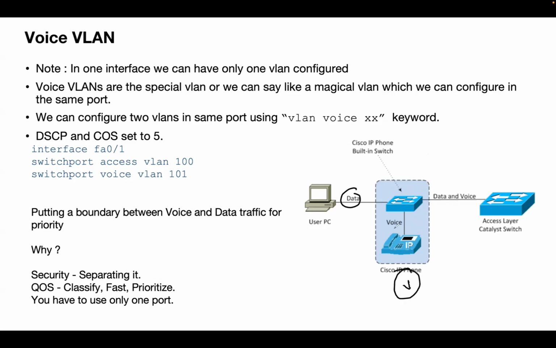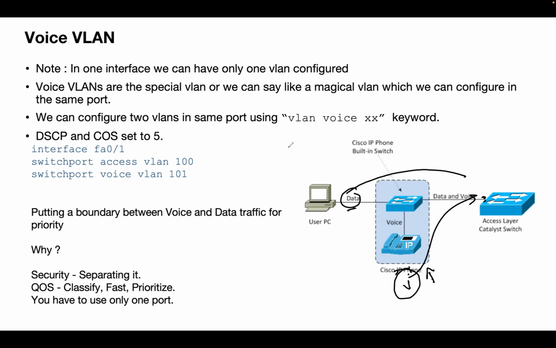When both of them come here, the problem is priority. I cannot prioritize my voice traffic over my data traffic. Your voice traffic is live traffic, and live traffic gets easily impacted by bandwidth issues. If you want data traffic and voice traffic to come on the same link, but want voice traffic to get more priority compared to data traffic, in that case we have to use something called voice VLAN.